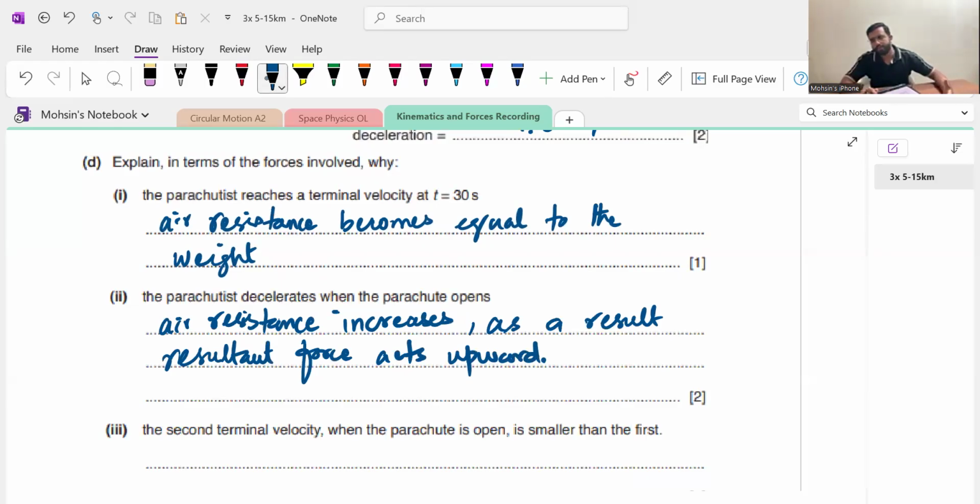Okay, obviously the person is moving downward, but the resultant force is upward. So it is opposite to the motion, so it will create a deceleration.